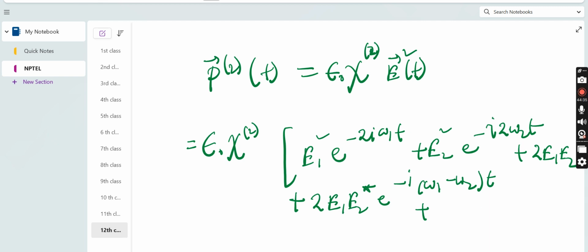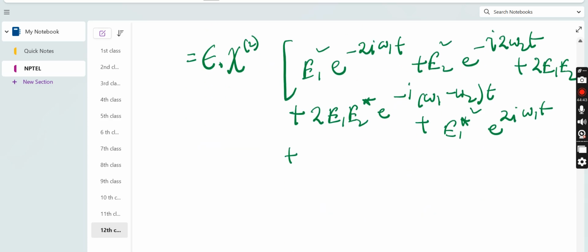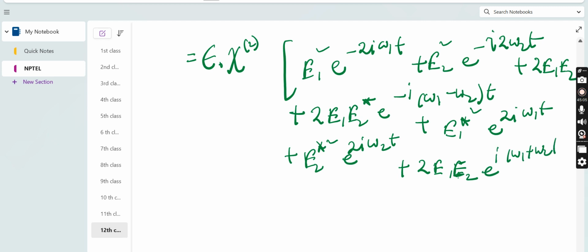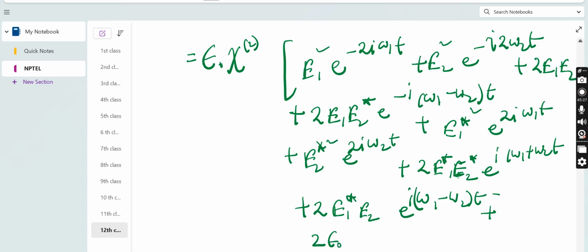That means we have E1 star whole square e to the power 2i omega 1 t, plus E2 star whole square e to the power 2i omega 2 t, plus 2 E1 E2 e to the power i (omega 1 plus omega 2) t, plus 2 E1 star E2 e to the power i (omega 1 minus omega 2) t, plus 2 epsilon naught chi 2 (E1 E1 star plus E2 E2 star).